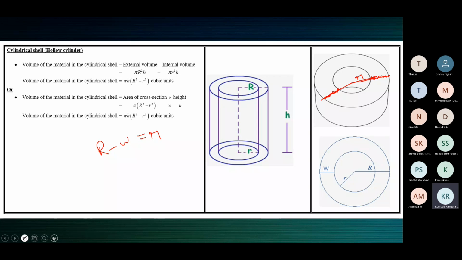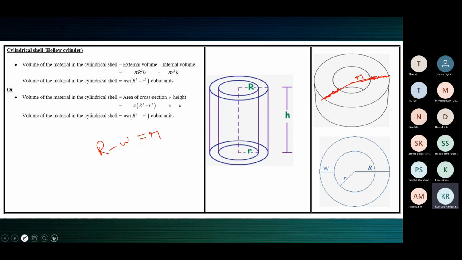So a cylinder will have two cases where the wall has a countable amount of thickness, meaning the wall is thick. You cannot ignore the thickness. It is thick, you can measure it. That is when we have two R's. Now in the case of a sellotape, the wall is thick.